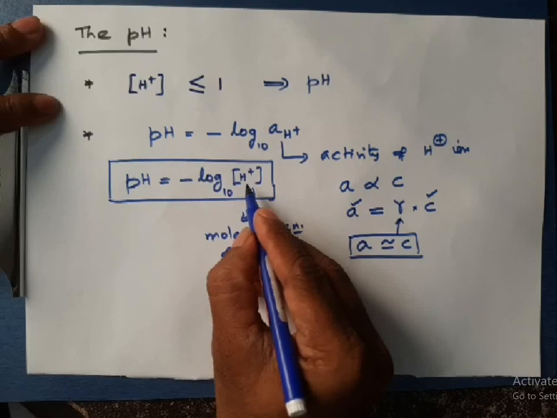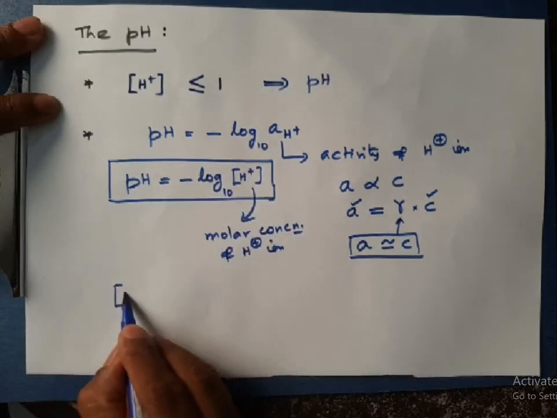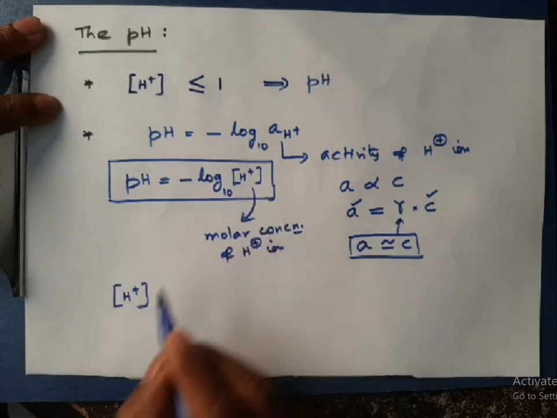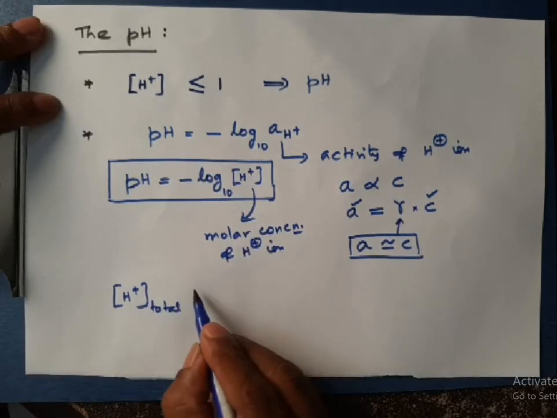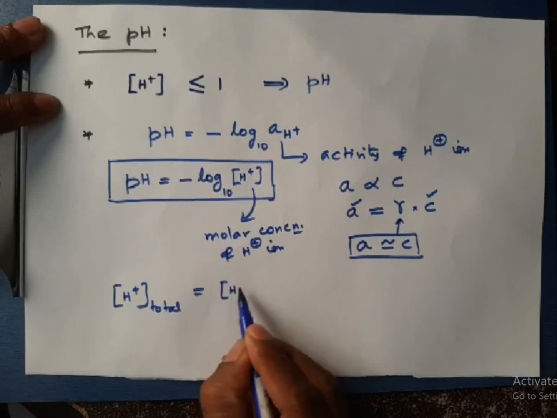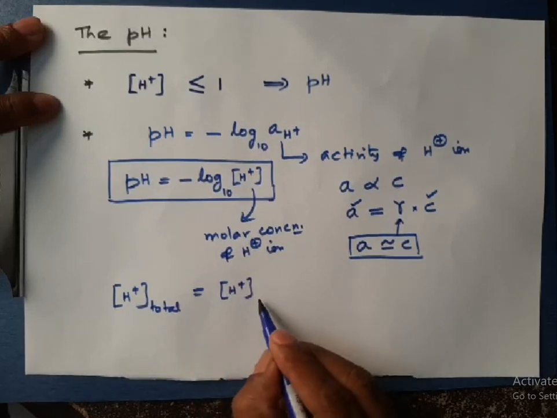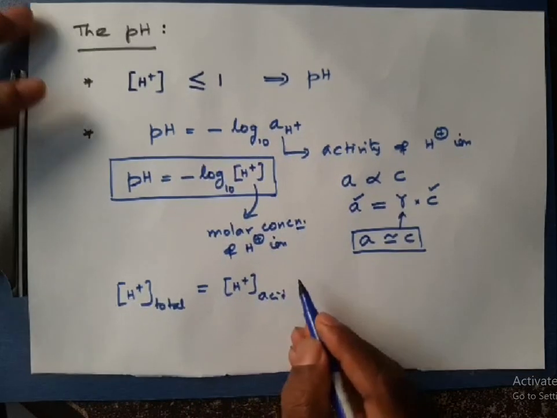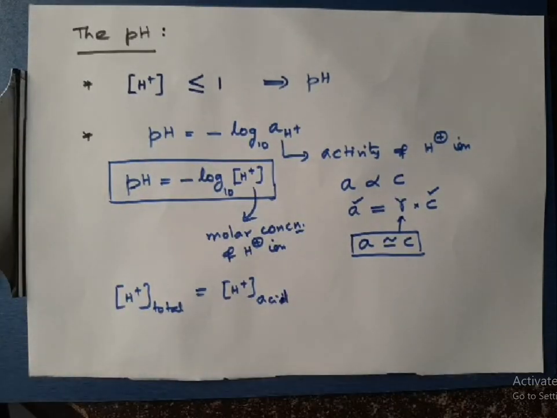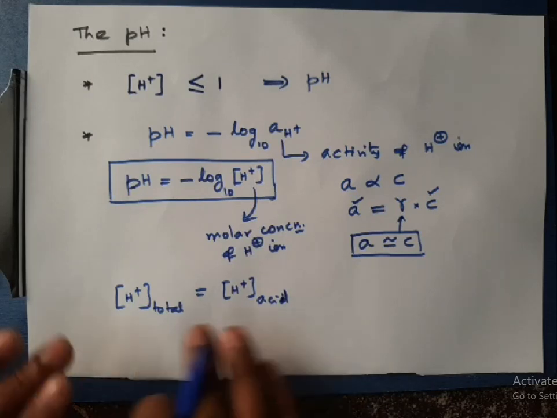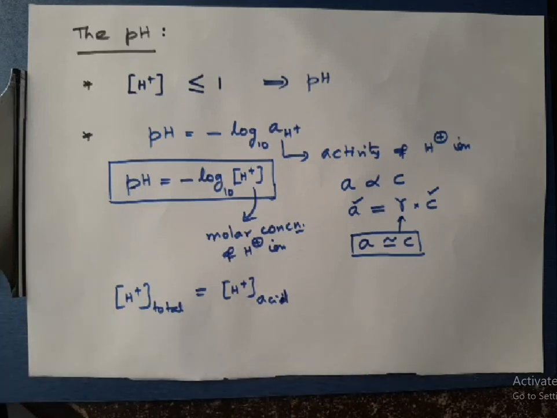Now, this H plus concentration is actually called the total H plus concentration. Total H plus concentration means the H plus which is available from the acid. If you use an acid, you should find out H plus from the acid. If you use a base, you should find out OH minus actually. But let me start with acids first.